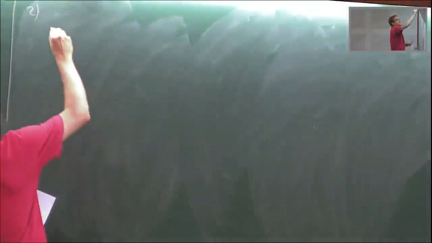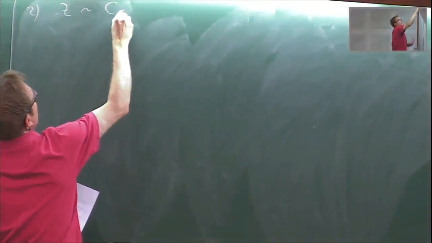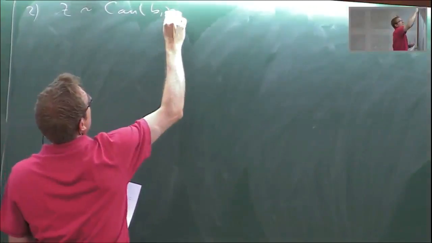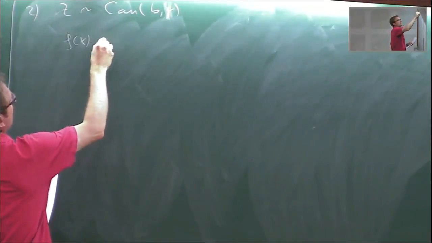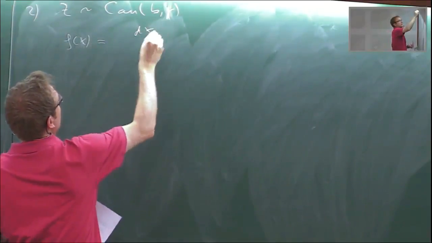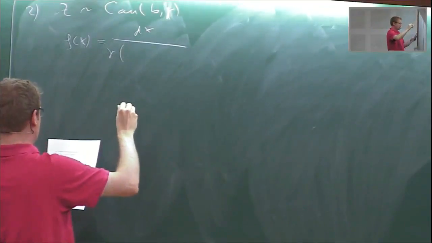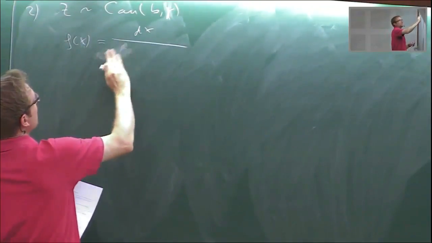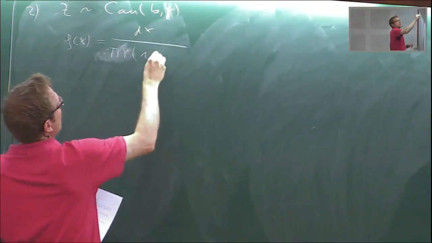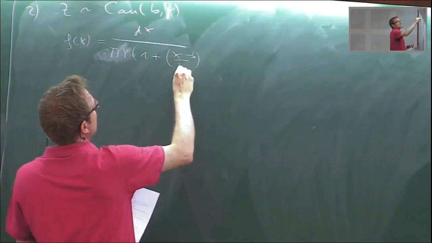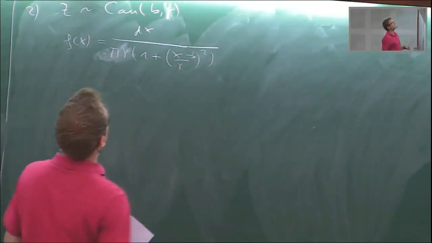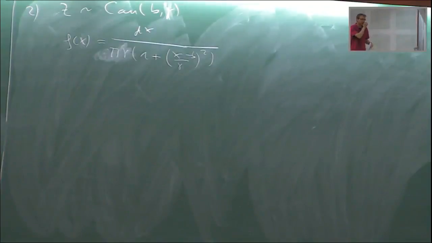So zeta with the Cauchy distribution with parameters b and gamma has the following density: 1 over pi gamma times 1 plus the square of (x minus b) divided by gamma. So this is the density of the Cauchy distribution.